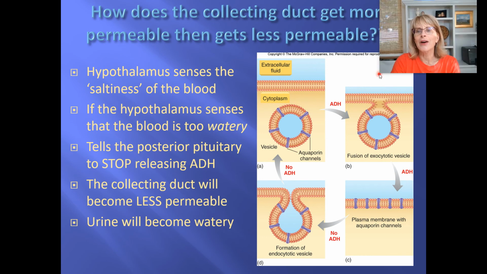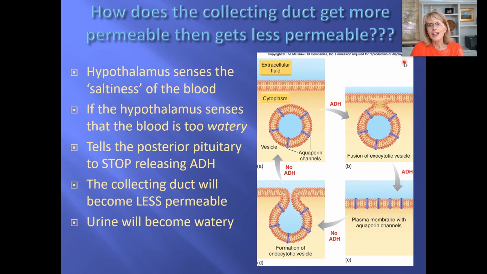A little more detail, which is a lot like the story of insulin back in the endocrine system. When anti-diuretic hormone binds to its target cells here in the collecting duct, it'll say, hey, we need aquaporins. The cell will say, oh, I've got some aquaporins stuck down in here somewhere. Let me just get them.